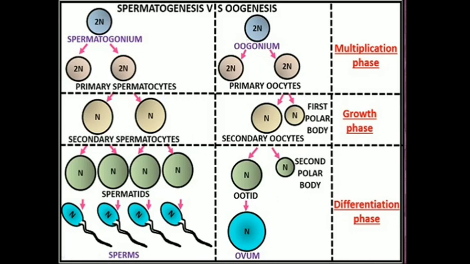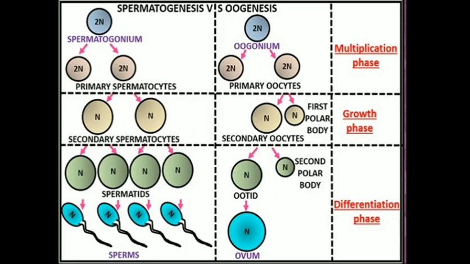Third point. The primary spermatocyte undergoes meiosis 1, resulting in the formation of two equal-sized secondary spermatocytes, whereas the primary oocyte undergoes first meiotic division, which is unequal, resulting in the formation of a large secondary oocyte and a small polar body.